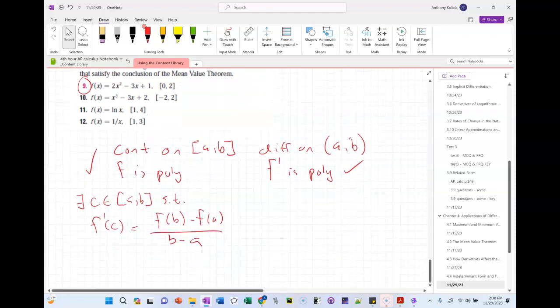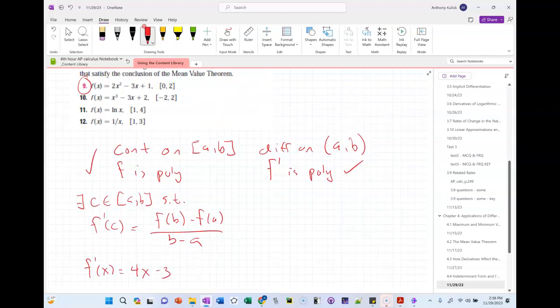So let's start by doing the derivative of f. And then let's calculate f of 2 minus f of 0 over 2 minus 0. So that's 8 minus 6 plus 1, that's 3, and then minus 1.